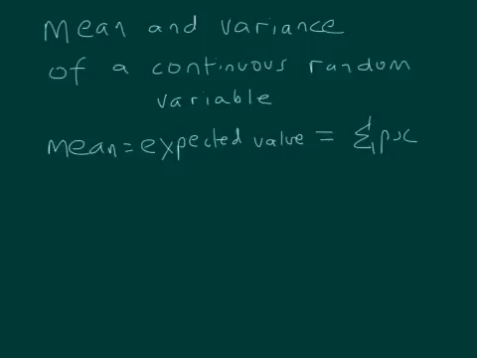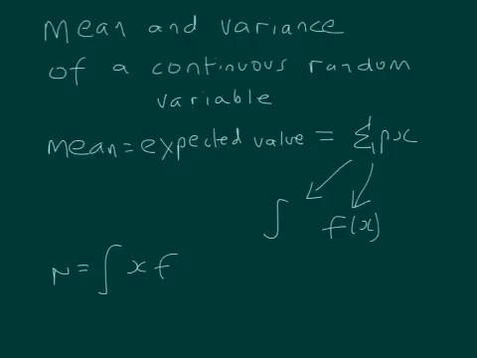Now for continuous data, the sigma sign is replaced by the integral sign, and the probability is replaced by the expression for the probability density function. So the mean works out to be the integral of x f(x) dx over all possible values from minus infinity to infinity.